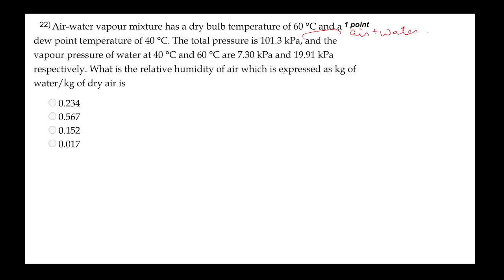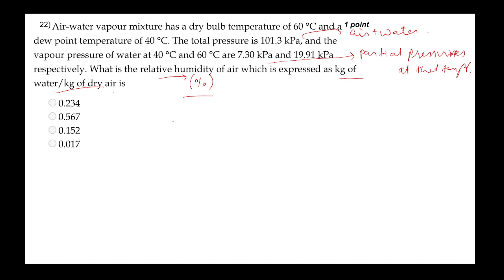The vapor pressures of water at these temperatures will be the partial pressures of water. So what is the relative humidity? Relative humidity is always in terms of percentage, but here if you look into the options, it is mentioned as kg of water per kg of dry air.